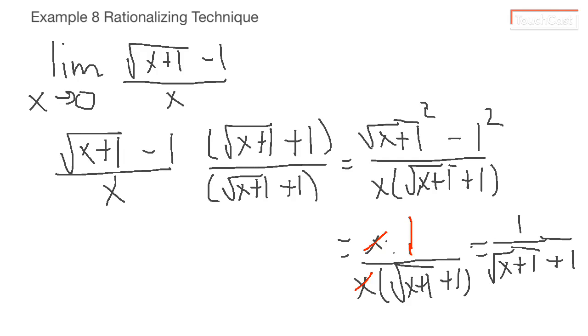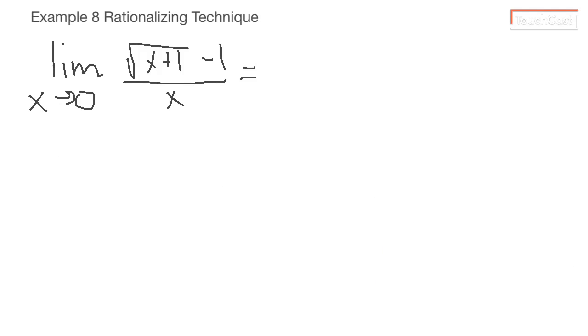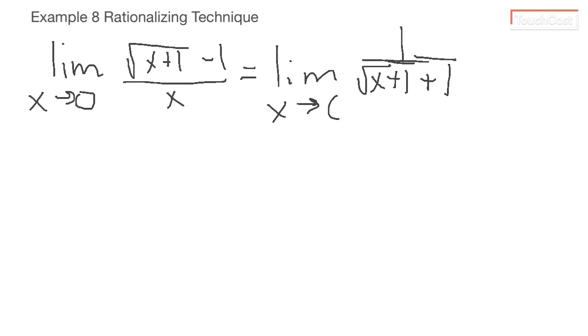I am going to erase what's here on the screen just so I have enough space to continue my work. So just going off of what we just did, we're going to have the limit of 1 over the square root of x plus 1 plus 1 as x approaches 0. So now let's just put 0 in for x and figure out what we get.